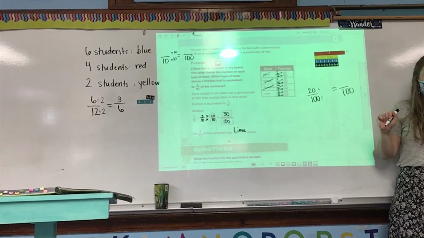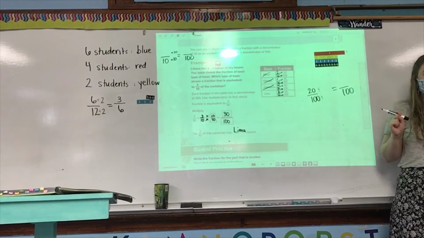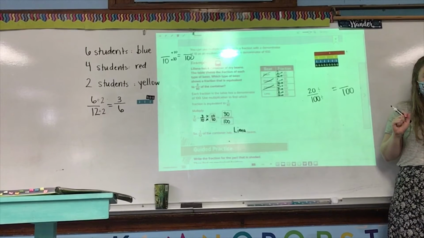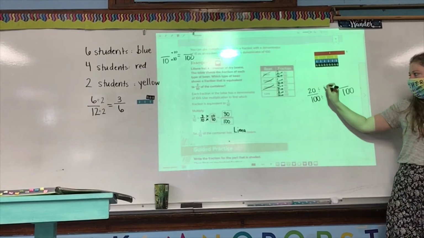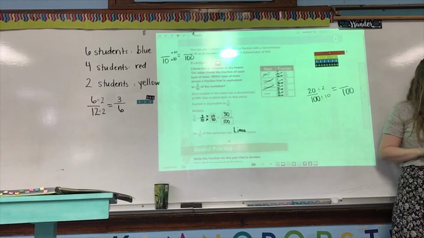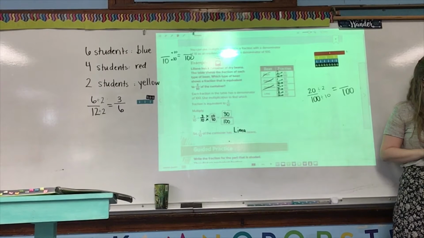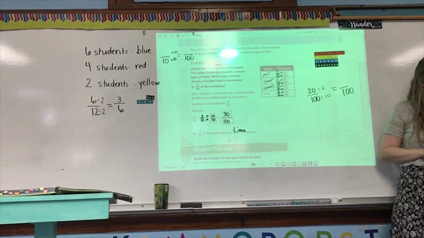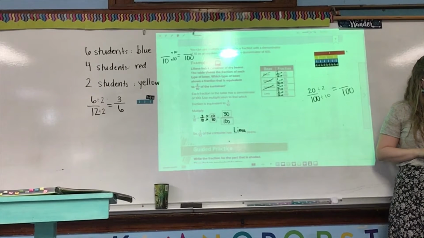What could I have divided? What did I need to divide? Carla? 2 and 10. Can I do that? No. Why? Zadie, can you tell her why? Yes, because you multiply the numerator and the denominator by the same number.